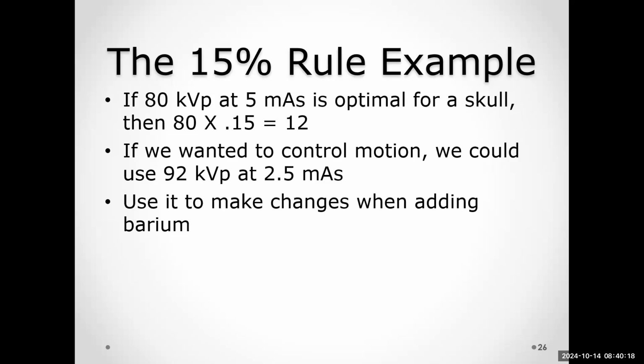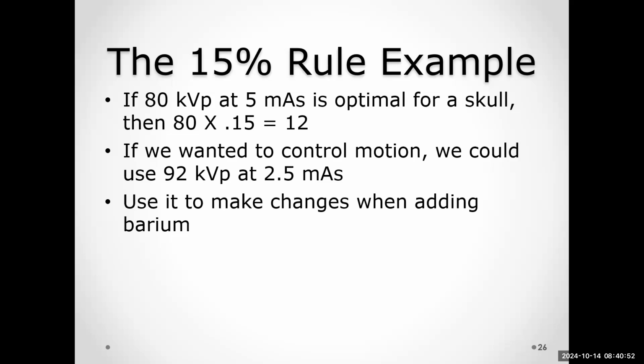If we wanted to control motion, let's say it's an elderly person who doesn't understand and can't hold still, then to get that mAs lower, which means we could decrease our time, we could increase our kVp 15% and do what to our mAs? Cut it in half, right? Which in essence would mean we could cut our time in half, which would mean there would be less time for the patient to move during the exposure.